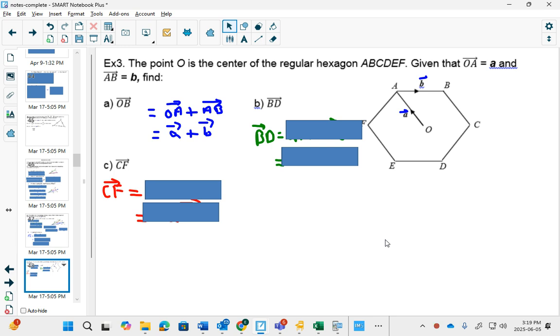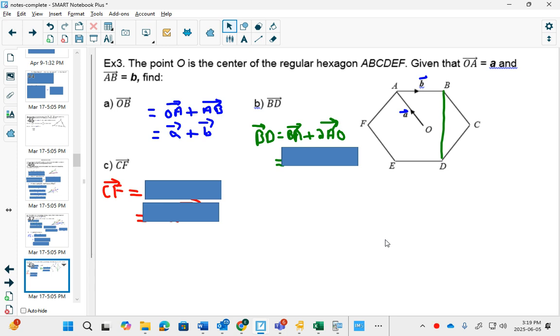But now I want to go from B to D with my robot. What could I do? Can you find a pathway that starts you on here using what you know and gets you to D? And there's a lot of different routes you could take. I decided to go from B to A and then go A to O twice.